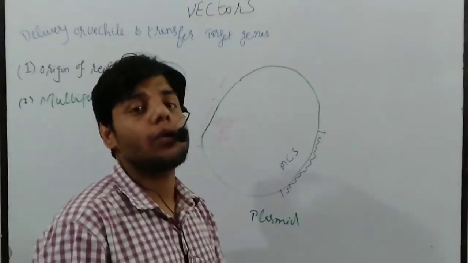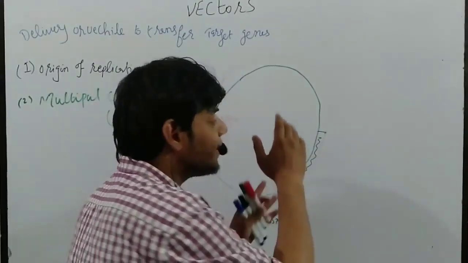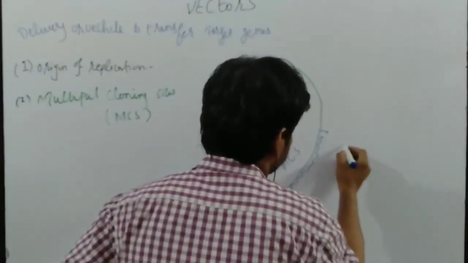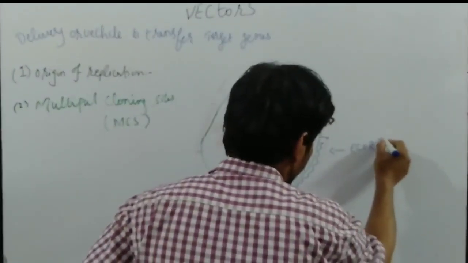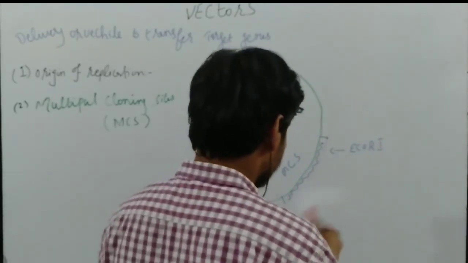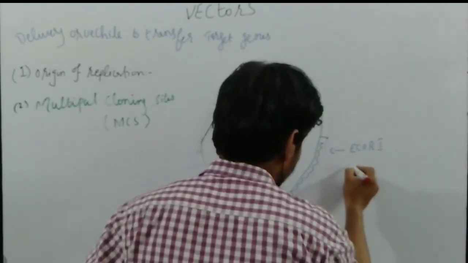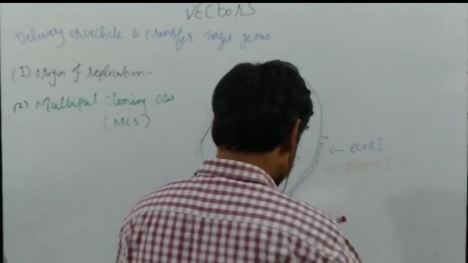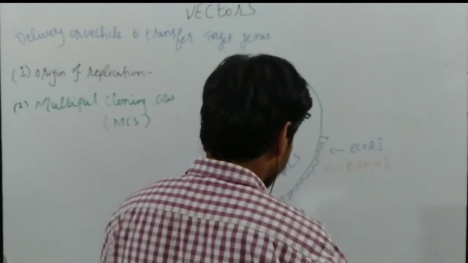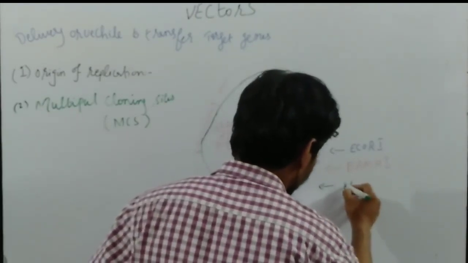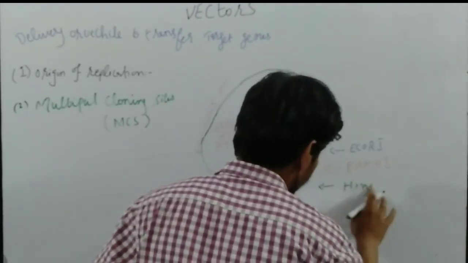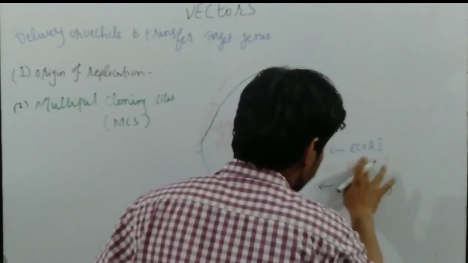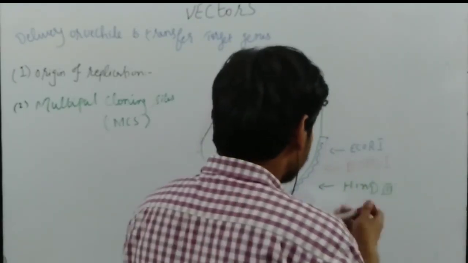We also call it multiple cloning site because we can treat this area with different enzymes. We can treat it with EcoRI, we can treat it with BamHI, we can also treat the vector with HindIII.